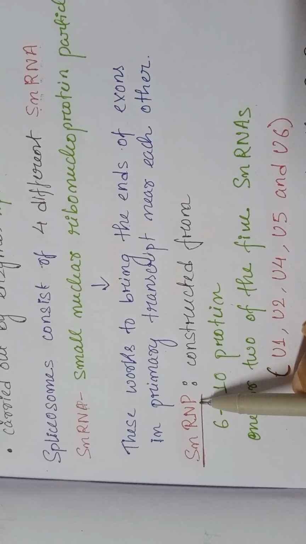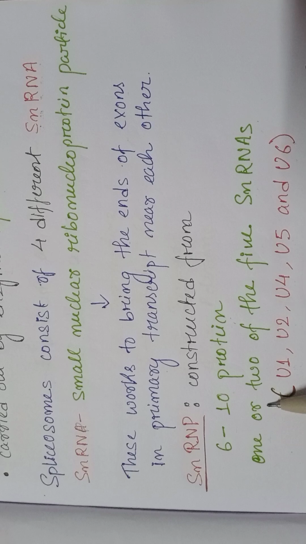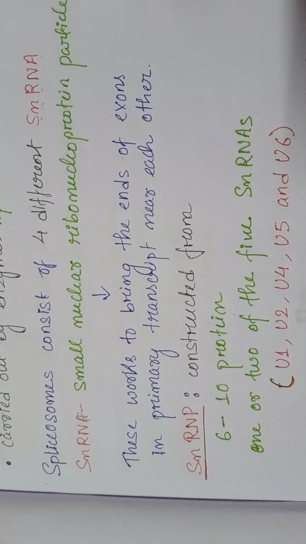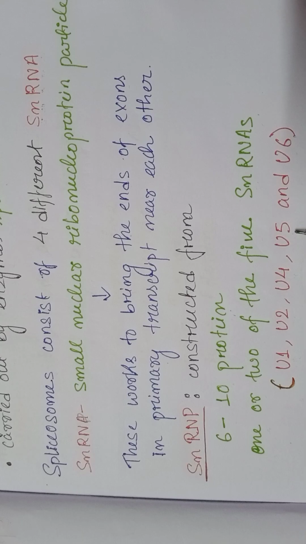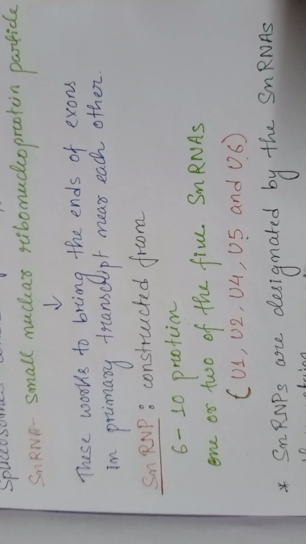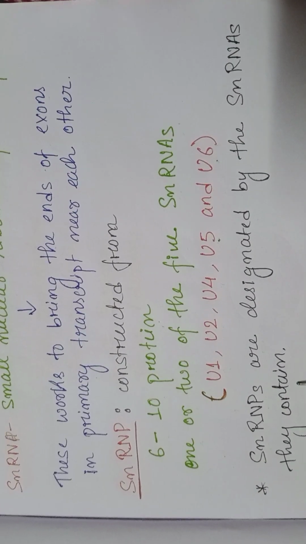Each snRNP is constructed from 6 to 10 proteins and one or two of the five snRNAs. These snRNAs are named U1, U2, U4, U5, and U6. These snRNPs are designated by the snRNAs they contain.